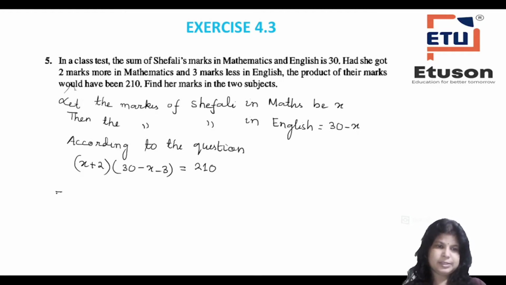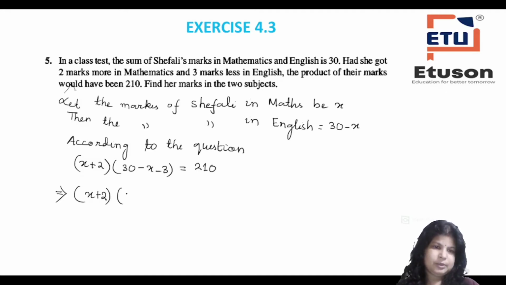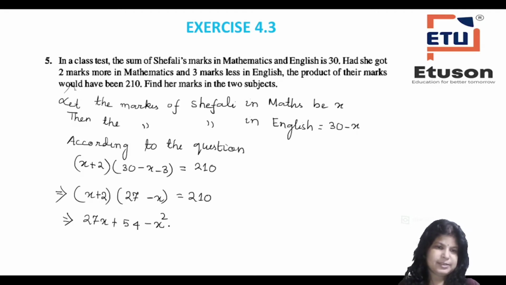So now let us simplify it. Okay. So this becomes (x plus 2) into (27 minus x) is equal to 210. Correct or not? Now let us multiply: x into 27 is 27x, plus 2 into 27 is 54, x into minus x is minus x square, plus 2 into minus x is minus 2x, that is equal to 210.